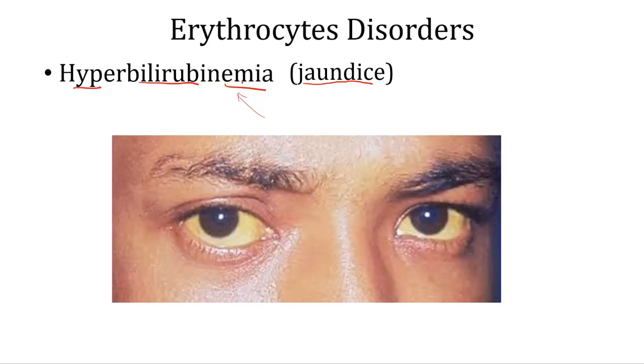Remember, the liver is the thing that converts bilirubin to bile. If the liver is not working properly, something's going awry, then the bilirubin will accumulate, and then it will diffuse into the tissues.